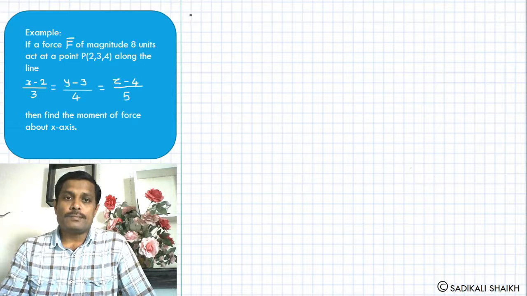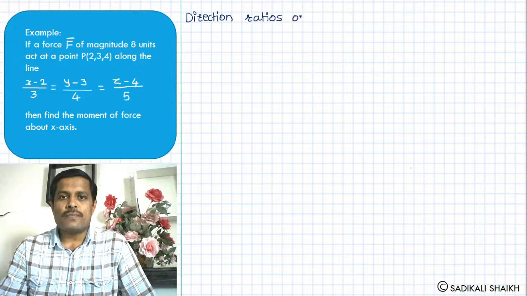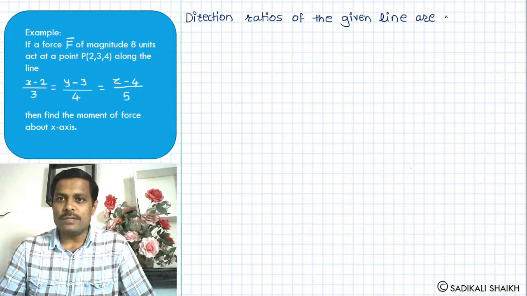तो यहां हम लिखेंगे कि direction ratios of the given line are, tell me what are the direction ratios? 3, 4 and 5.